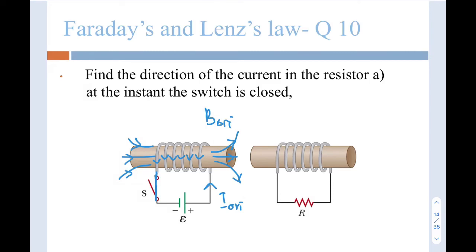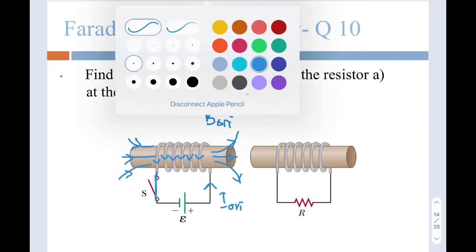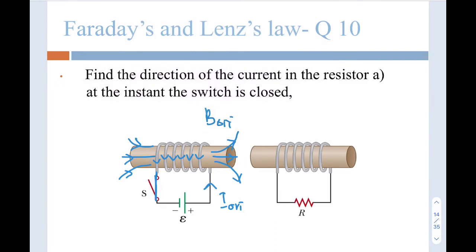So the secondary loop here is going to experience changes, because this one increases in amount. So B original also increases in amount. So the secondary loop is going to produce its own B, which we call B induced, in such a manner as to counter back, not to have the changes.